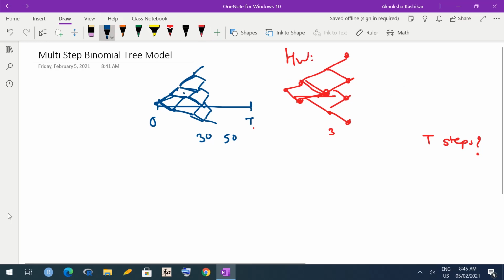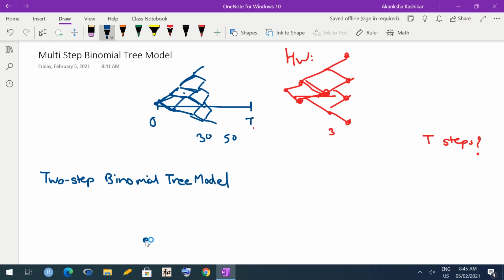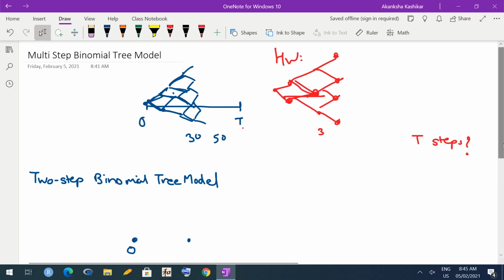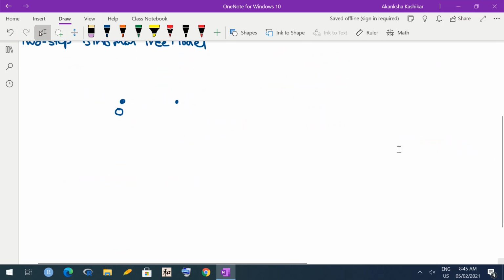Okay, so let me start with a two-step binomial tree model. So how would it look like? So we have this time point 0, and then we will talk about t, but at t by 2 we will have something. Now let me draw the tree structure. The timeline I am dividing into t, this is t by 2.